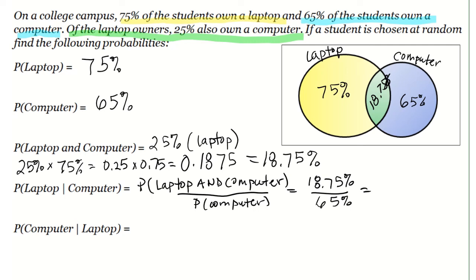I'm going to change those to decimals so I can do the math. And that is going to give me 0.2885. So that means I have a 28.85% probability that if a student owns a computer, then they'll also own a laptop.